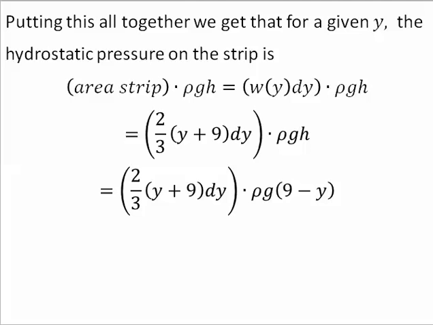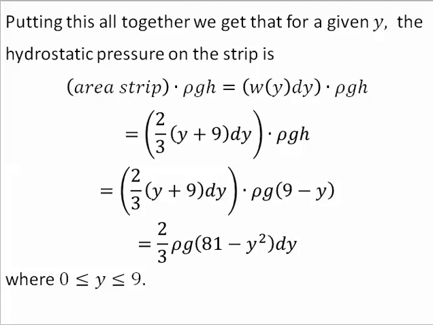The depth is 9 minus y. Then what we do is we take 2/3 y plus 6 and multiply it with 9 minus y, just to clean it up and make the integration that we have to do easier. So we do that multiplication.